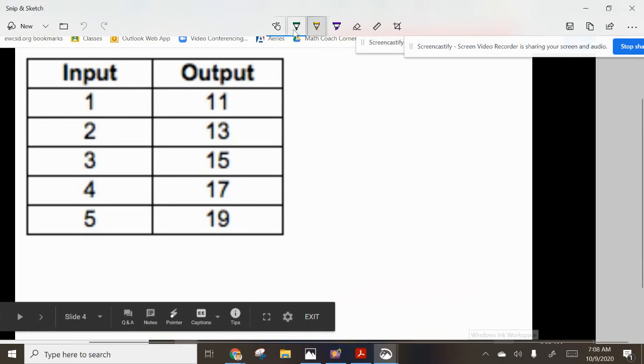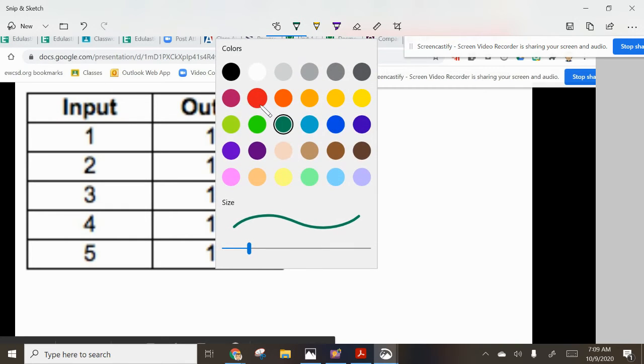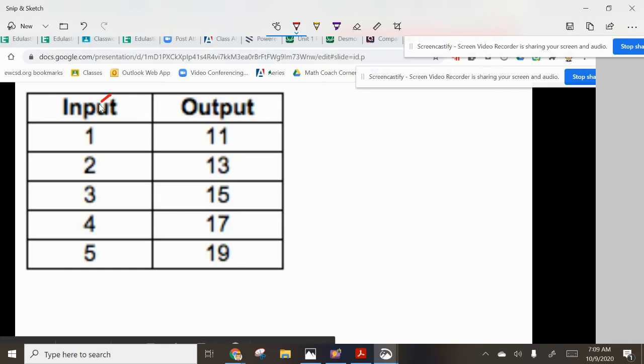All right, you guys. Now, who can give me this work here? So I want to ask you right now, what is the slope and what is the y-intercept? When it says input, that means x. Output means y, okay? Now, let's go ahead and talk about what to do here.